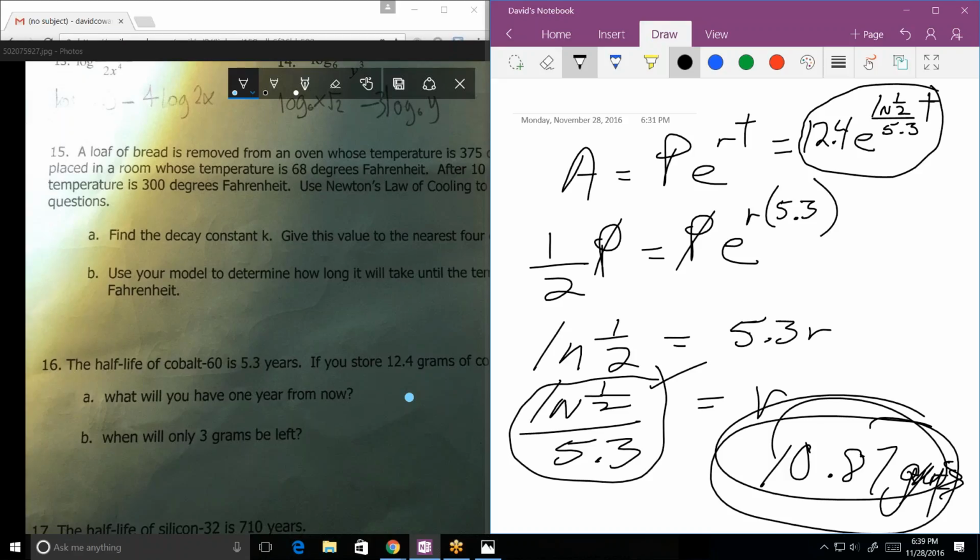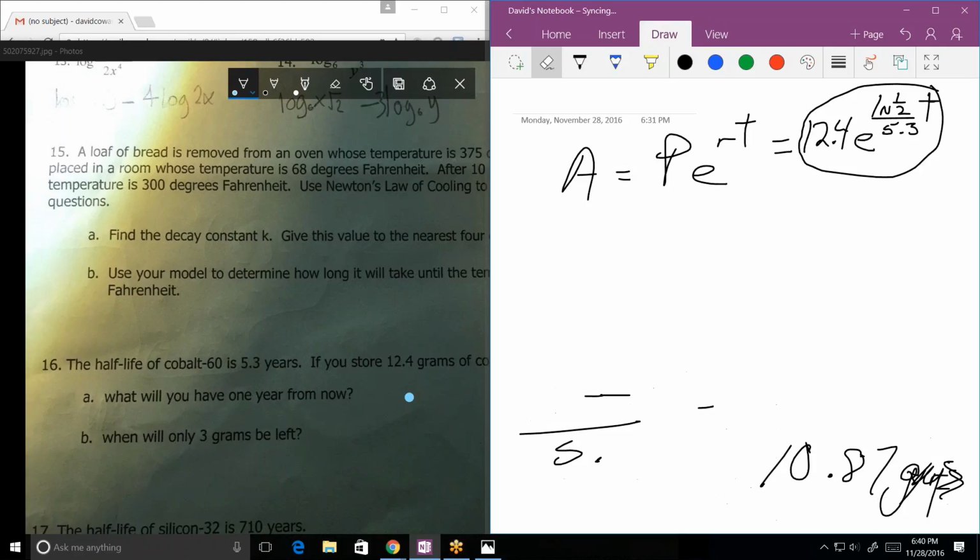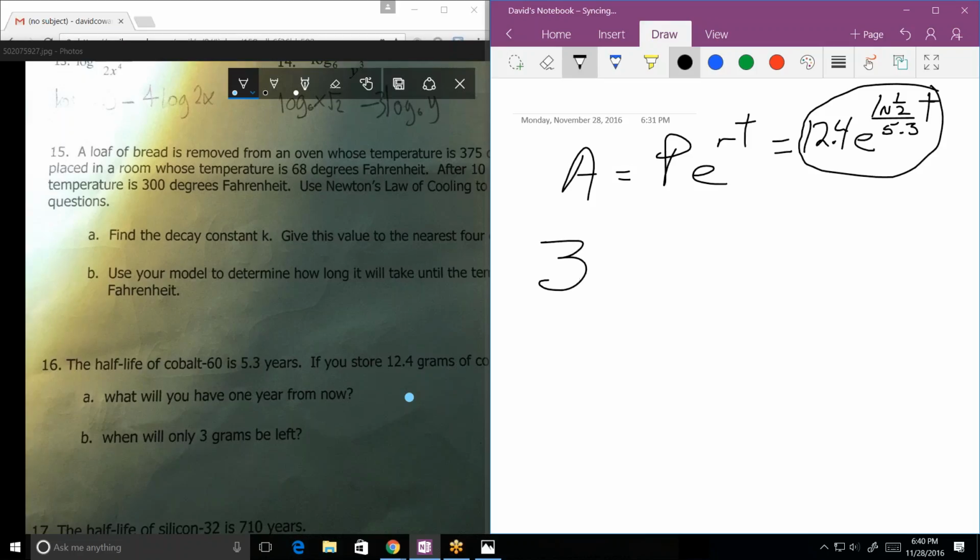When will only 3 grams be left? How am I going to solve that? Set the equation equal to 3. Let's get rid of all this stuff here. In other words, 3 equals 12.4 e to the natural log of 1/2 divided by 5.3 times t.